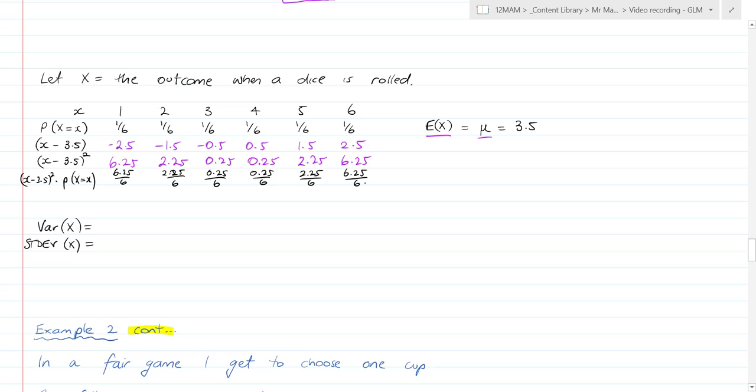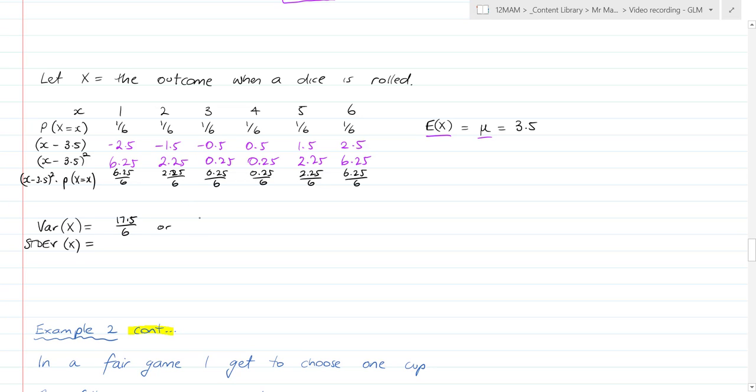I've got that illegal decimal happening inside a fraction, but it's part way to a question, so it's not the end of the world at the moment. And the variance is just the sum of all those. So that is 6.25 plus 2.25 is 8.5, plus 0.25 is 8.75. It's symmetrical, so it's double 8.75, which is 17.5 over 6.